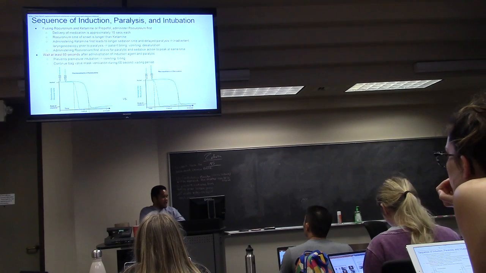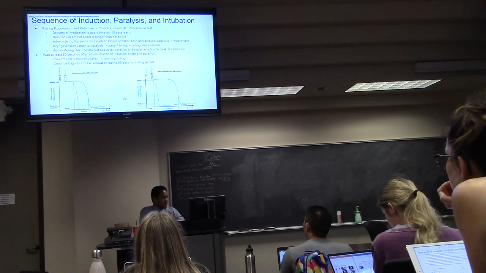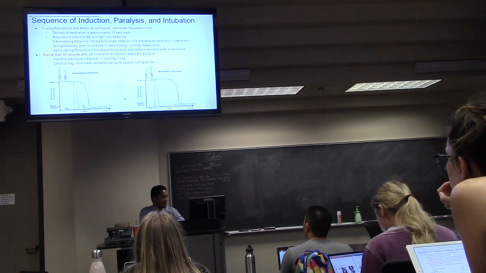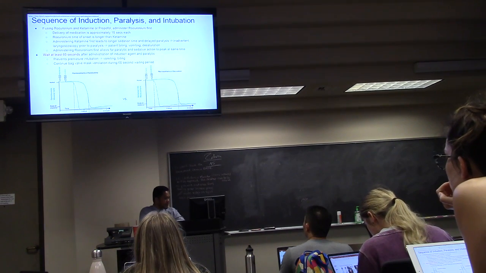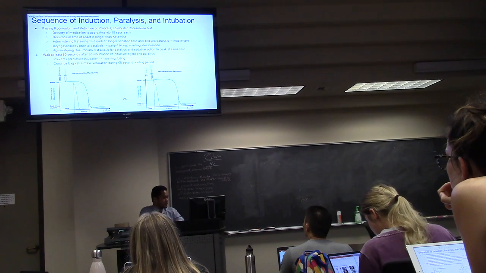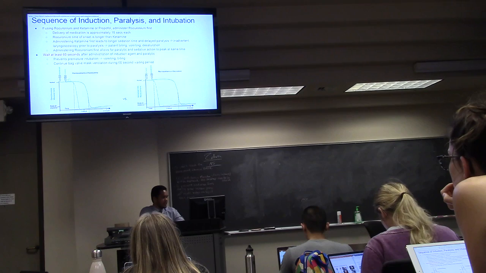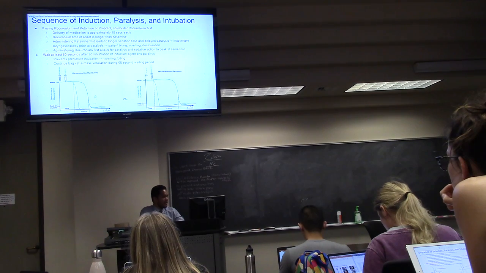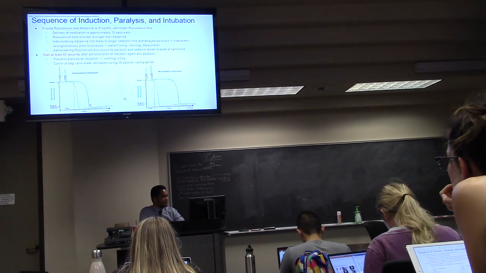So by the time you give the rocuronium, by the time it's starting to work, well, the ketamine is also starting to kind of work a little bit. So what we recommend is giving the rocuronium first, because that takes a little longer for the onset, and then giving the ketamine afterward, because their peak will kind of match each other at say 60 seconds.